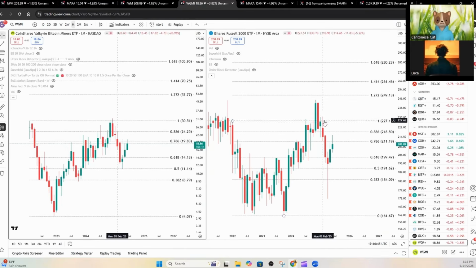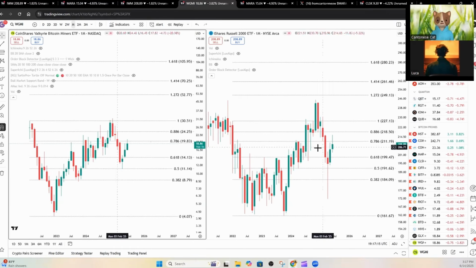When the IWM was having this washout up here back in November 2024, the miners also looked pretty good. There are certain miners like IREN and WOLF that really have outperformed. And whenever you have a liquidity grab down here, back in April, miners also dropped too, and they're both holding very similar levels.